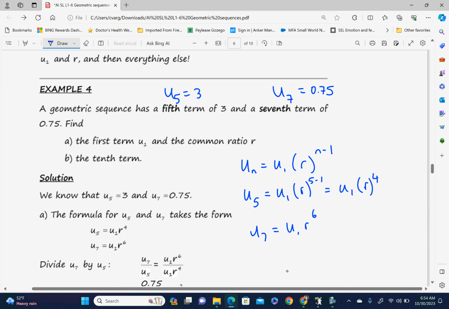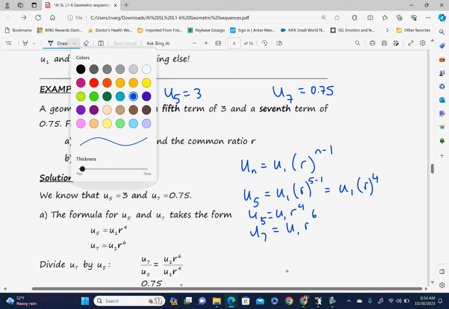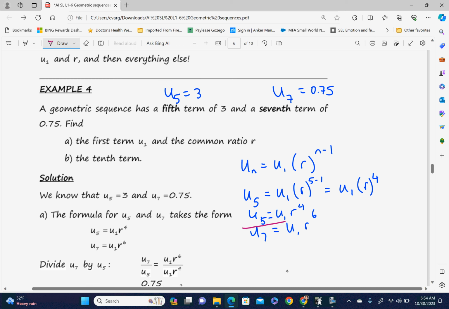And so what we can see here is, let me just write this under each other. U5 is equal to U1 r to the fourth. Okay, so if we take these two equations that we have and divide, I want to get rid of one of our variables, so if I divide these two, the U1s will cancel each other out, right?